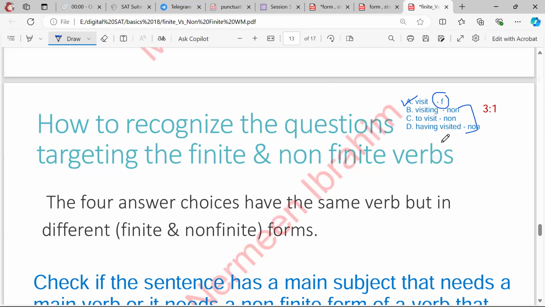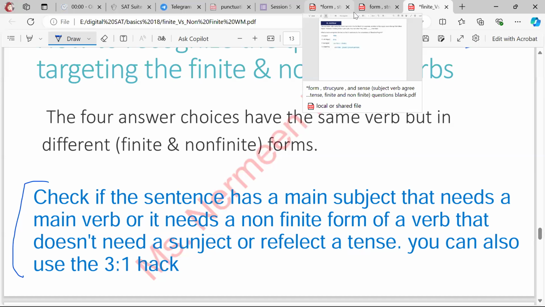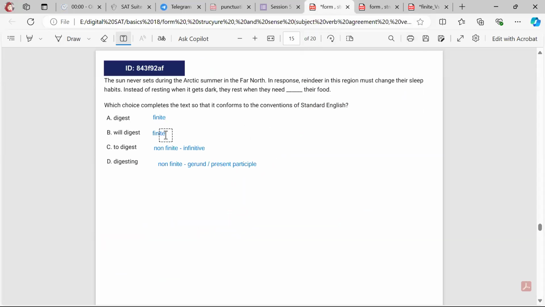But this one will help us: check if the sentence has a main subject that needs a main verb, or it needs a non-finite form of a verb that doesn't need a subject or reflect a tense. We're going to see whether we need a main verb or the main verb is already there, so we can use non-finite forms. Okay?